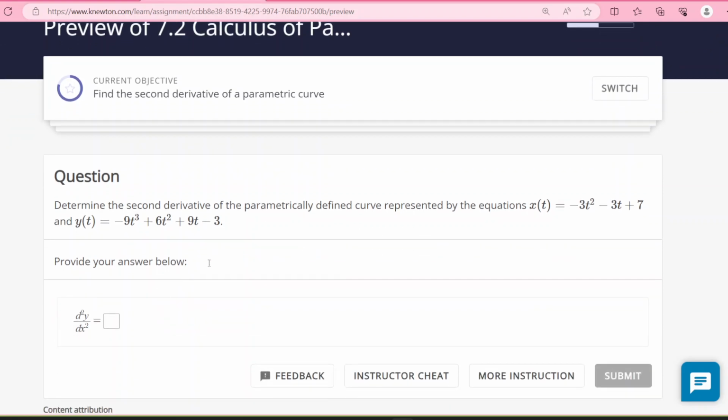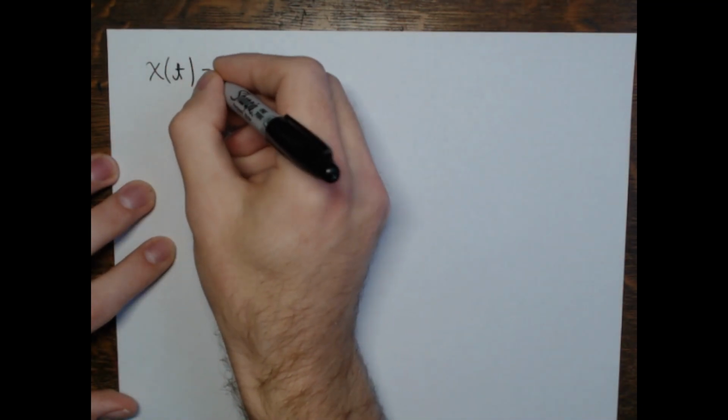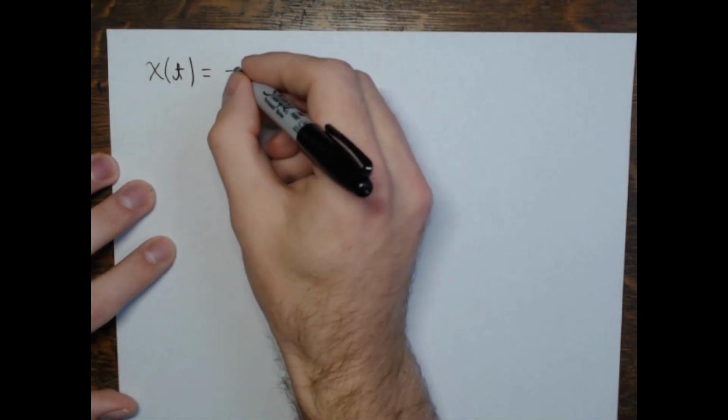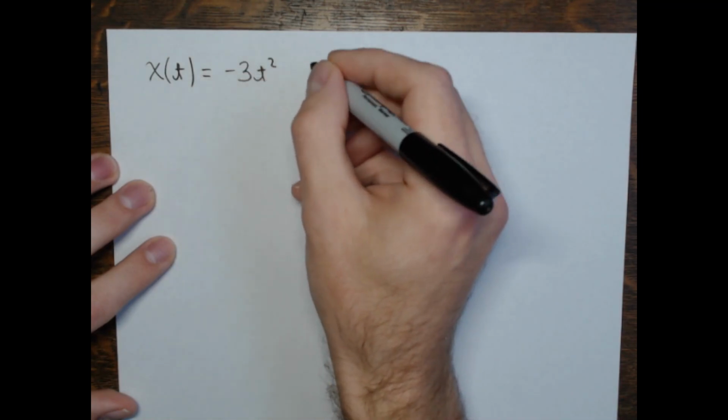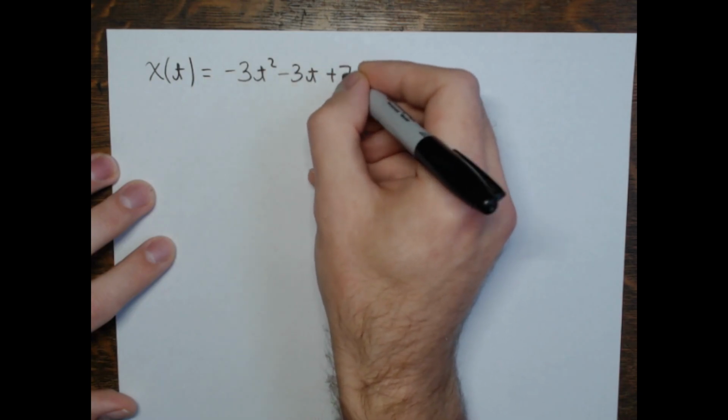All right, now this time, they just want the expression for the second derivative in terms of t. So like I've been doing. All right, so once again, we have our parametric equations, right? x of t is negative 3t squared minus 3t plus 7.